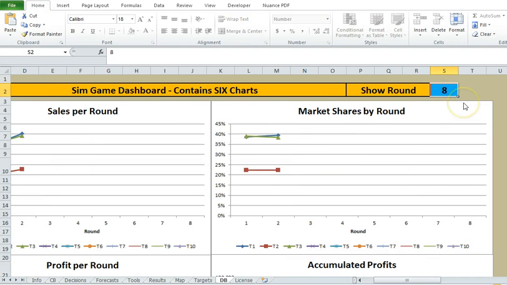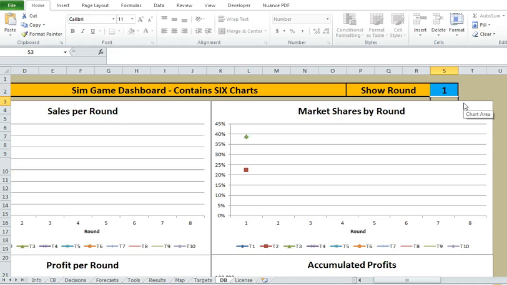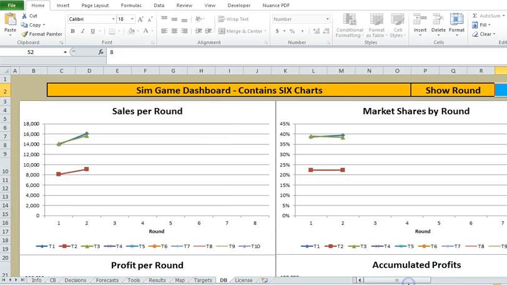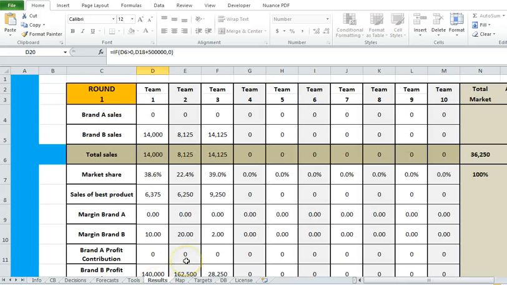The only thing you can change on this is you can ask it to look at just one round, for example, whatever round we're up to. At the end of the game, we keep that set at 8, but if you wanted to look at just the first 3 rounds to simplify the chart, remember you're going to have up to 10 teams here, so it gets a little bit complex. So that's the dashboard, which works with the results page.